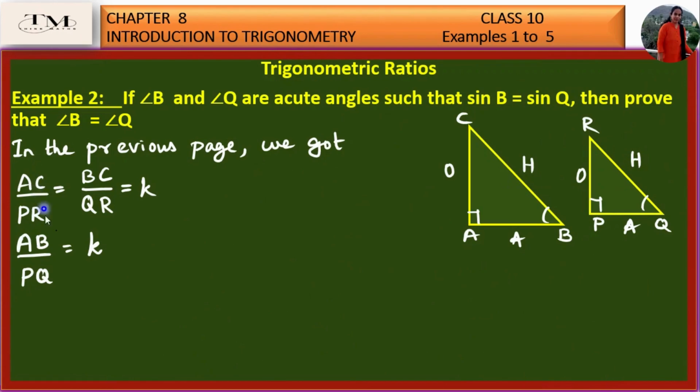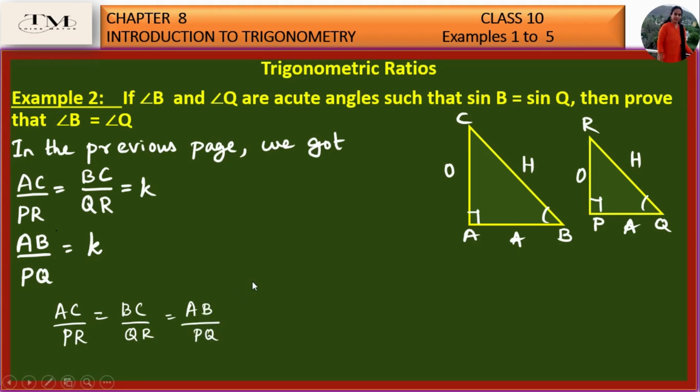So far we got AC by PR equal to BC by QR equal to K, and also AB by PQ is equal to K. Now all three sides are proportional, that is, AC by PR equals BC by QR equals AB by PQ. Then what do we know?